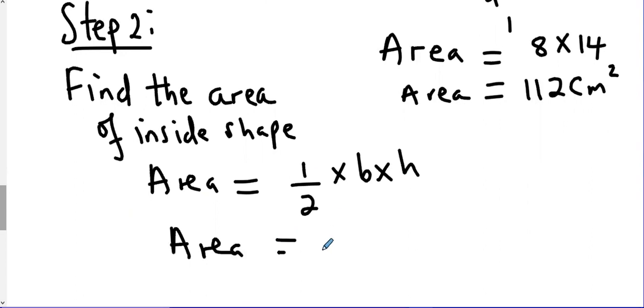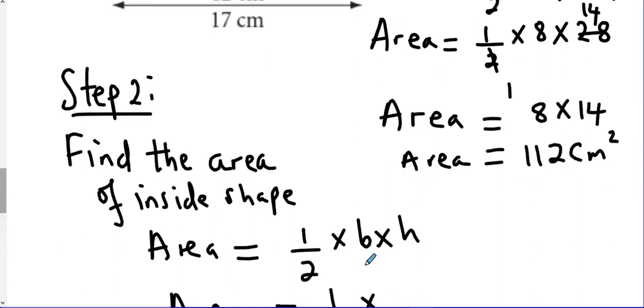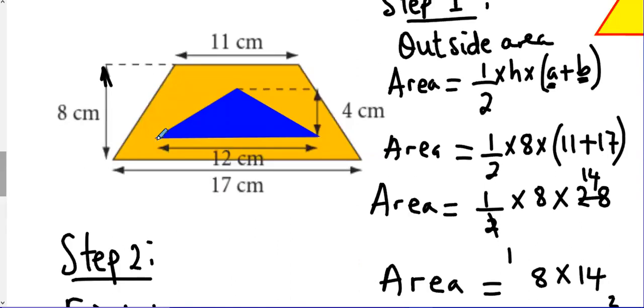So this will be 1/2 times the base. Now we go back to the inside shape. Can you see the base? This is the base of the inside shape, and that is 12 and not 17. And what is the height of that shape?